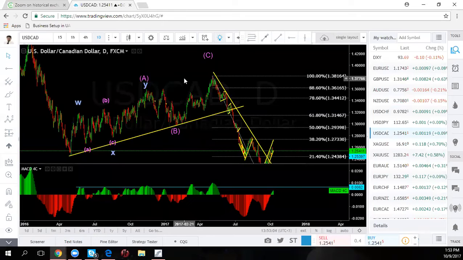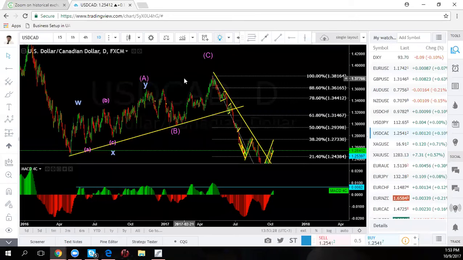Just for counting's sake, there's only a few rules. One, if there is divergence between the two impulses in an uptrend or a downtrend, it doesn't matter, you will label ABC. Second, if there is no divergence, it will be one of two things. It will either be A123 or WXY.